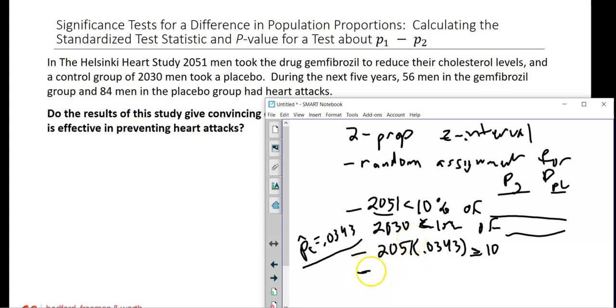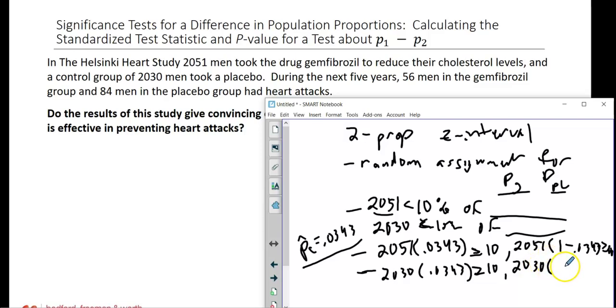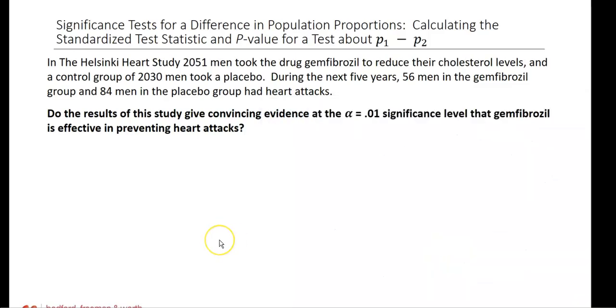Okay, and then the next one is 2051 times 1 minus 0.0343, and that has to be greater than 10. And then 2030 times 0.0343, and that has to be greater than 10. And since it's bigger, 2030 times 1 minus 0.0343 is certainly going to be greater than or equal to 10. So you check it for all four.